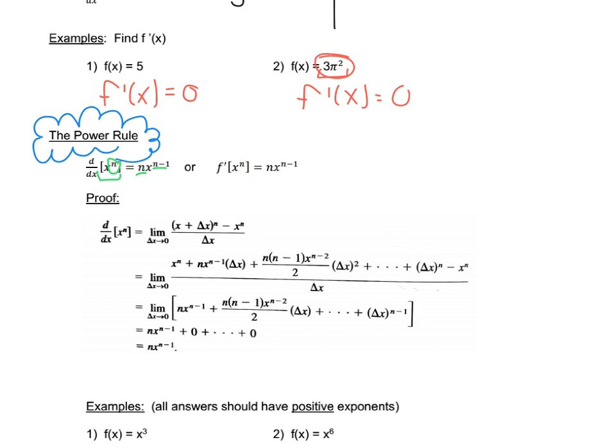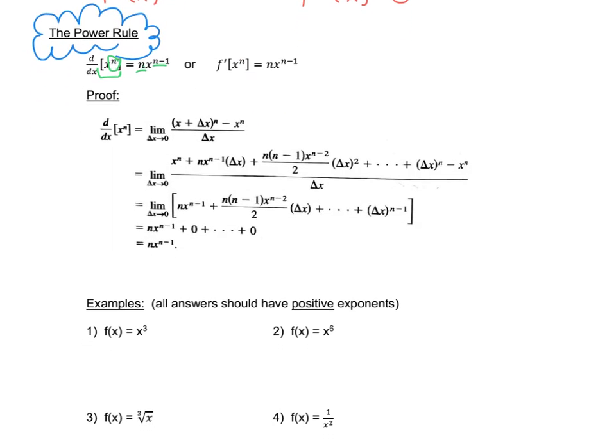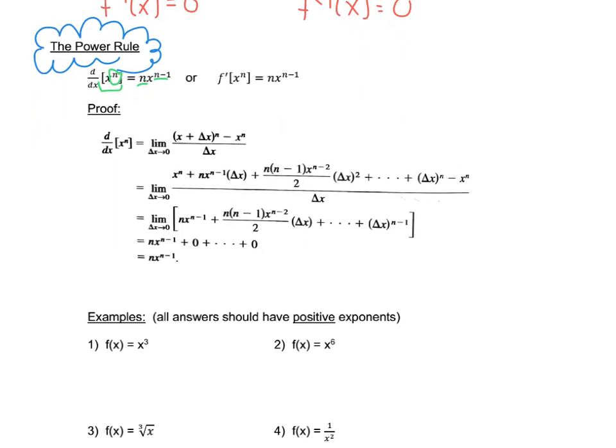So let's look at some examples. Let's jump right into this example down here. Number 1, we see f of x equals x cubed. That means f prime of x, according to this power rule we just saw, is that I take my exponent 3, that was the n up here, it becomes my new coefficient of x, so the derivative would be 3 times x squared, because the new power is 1 less than whatever it was before.